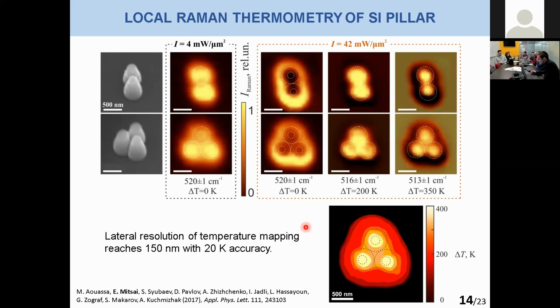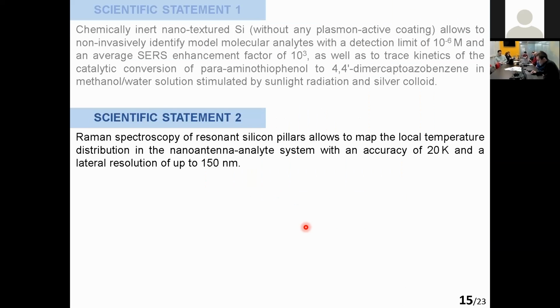The spatial resolution of this temperature measurement reaches 150 nanometers. So, second scientific statement: Raman spectroscopy of resonant silicon pillars allows mapping the local temperature distribution in a nanostructure-analyte system with an accuracy of 20 Kelvin and lateral distribution resolution of up to 150 nanometers.